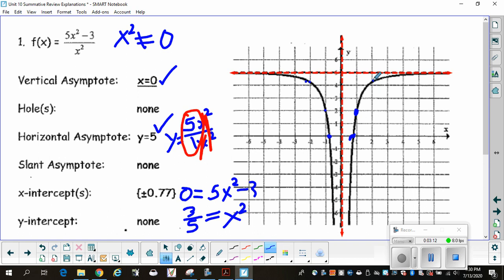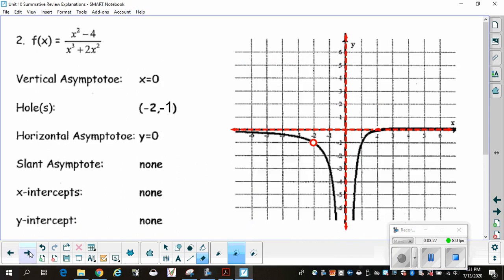If I plotted these points, and I know the asymptotes are something that the curve will approach, then I would know these black curves would be the graph. Okay, great. Let's move on to the next one.